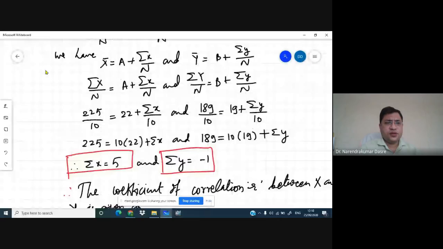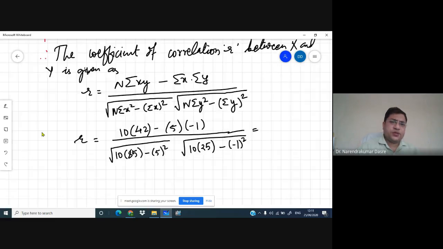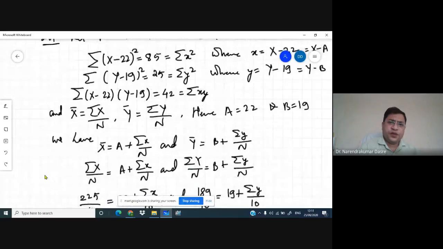So we have 85 and 25. 85 minus this is 5 square, and here we have 10 times 25 minus 1 square. Okay, so this is the value of r. Okay, so that's what we have.